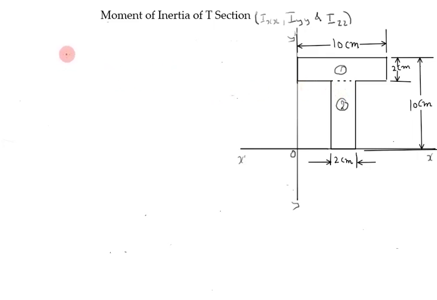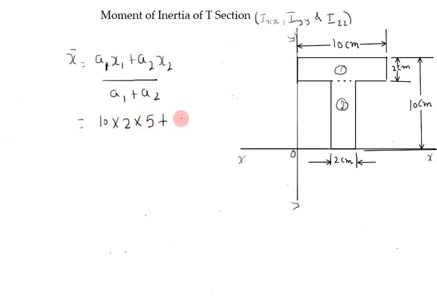To calculate x bar and y bar, the formula is x bar equals a1 x1 plus a2 x2 divided by a1 plus a2. a1 is the area of element 1, which is 10 into 2, and x1 is the distance of the centroid of this rectangle from yy dash, which is 5.